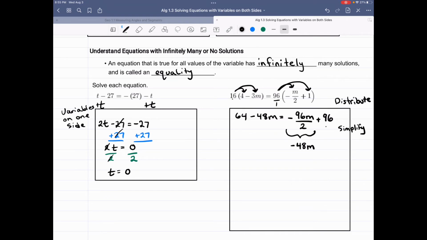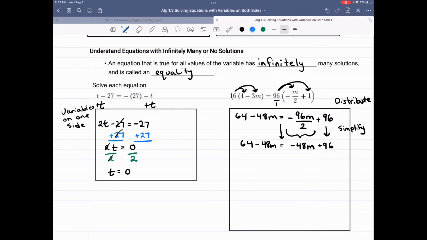Bring everything else down. So plus 96, the equals, and that whole piece 64 minus 48m. All right, we have minus 48m on both sides, which is going to be interesting.